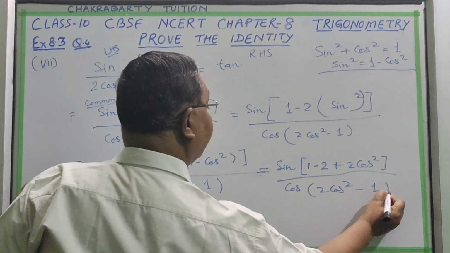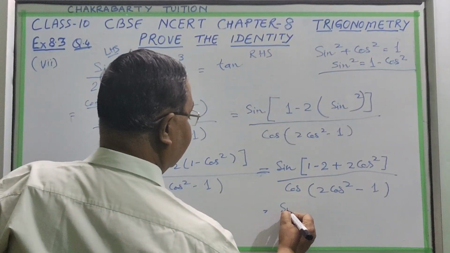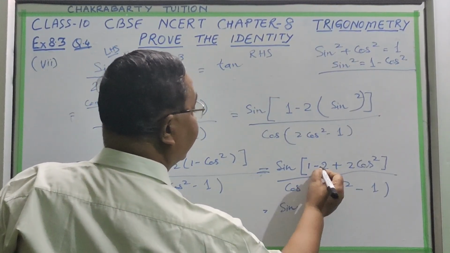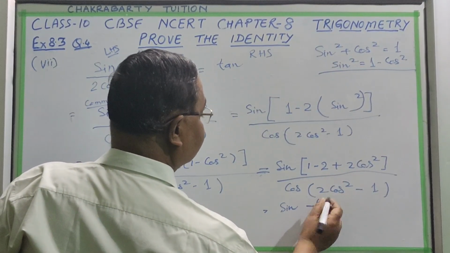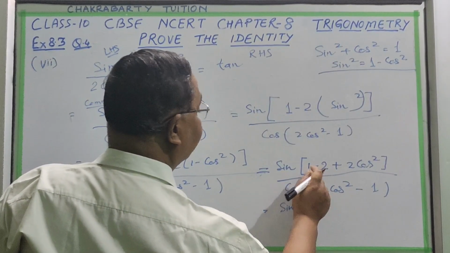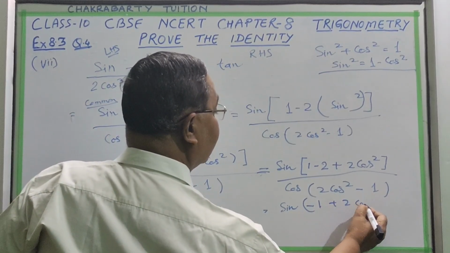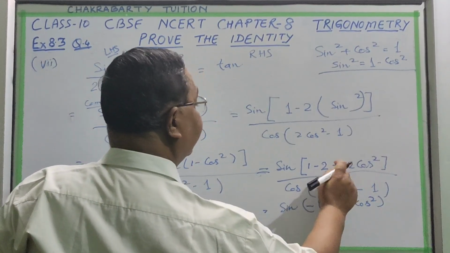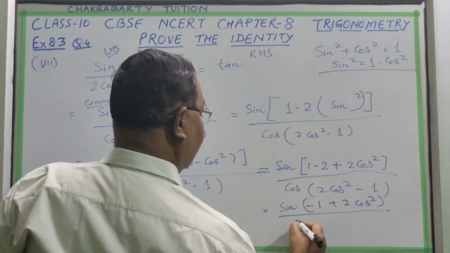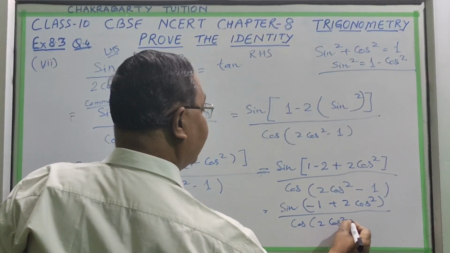If you solve it, it becomes minus sine, minus 1 plus 2 cos square will remain, and here cos into 2 cos square minus 1.